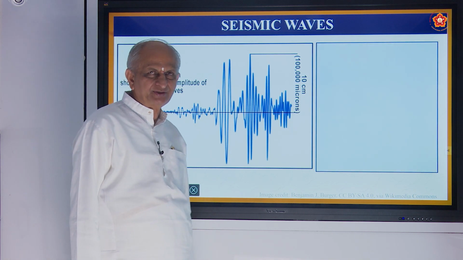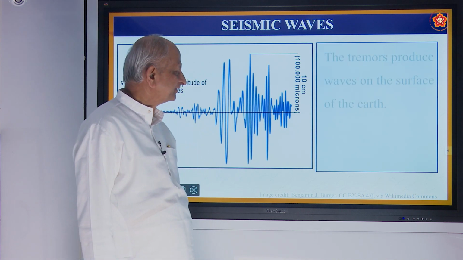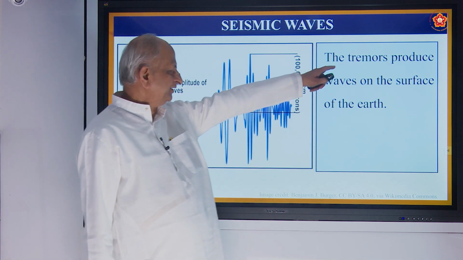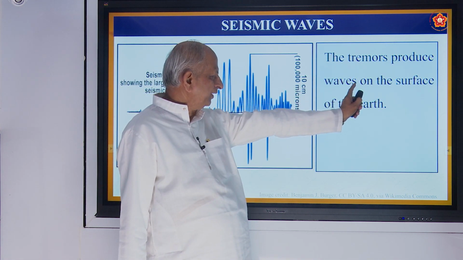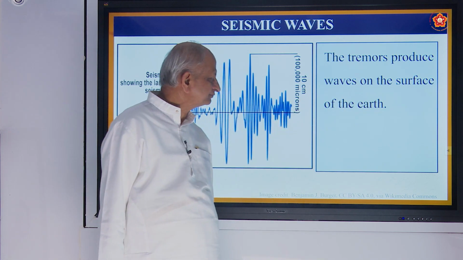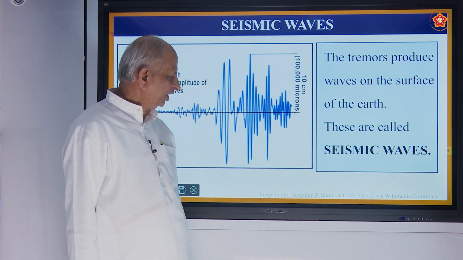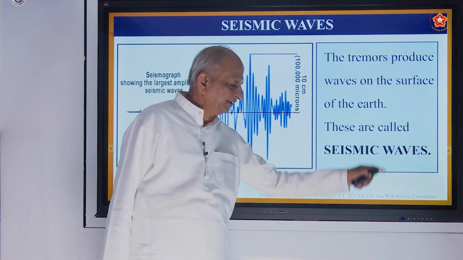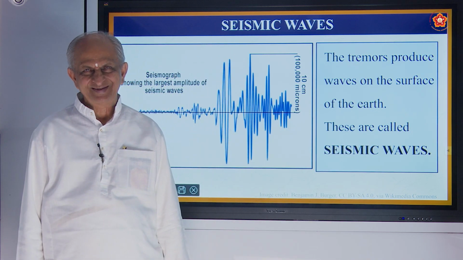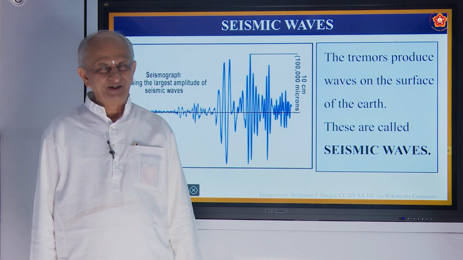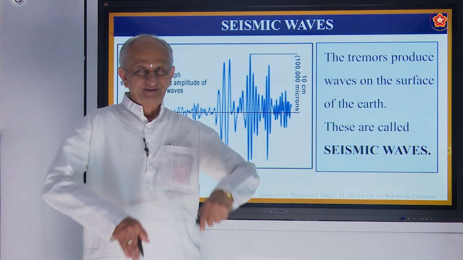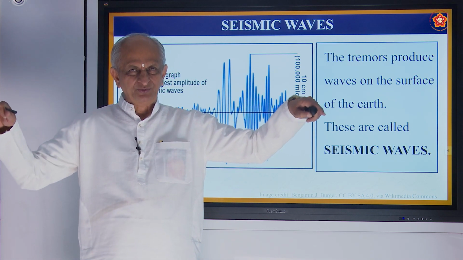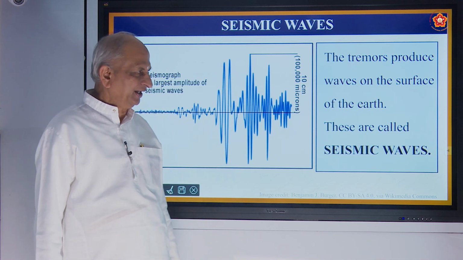It produces earthquake or tremors. The tremors mean shaking, produced by waves on the surface of the earth. These are called seismic waves. I think you understood the meaning of the word waves. The continuous ups and downs are called waves.